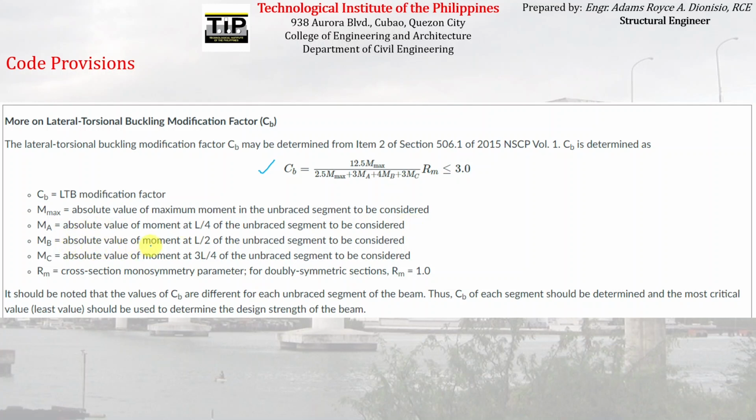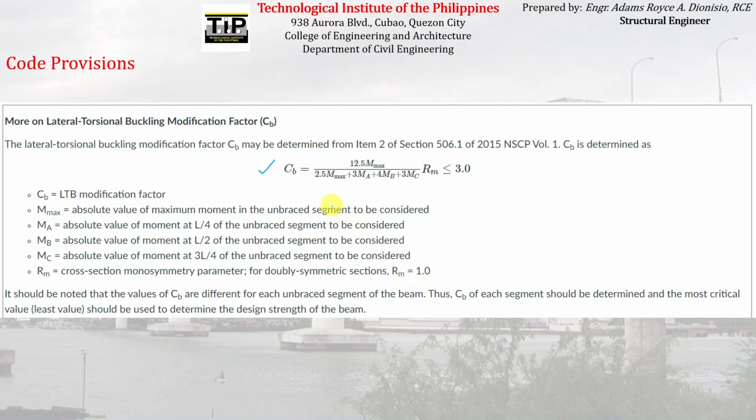MB is the absolute value of moment at L over 2 of the unbraced segment to be considered. MC is the absolute value of moment at 3L over 4 of the unbraced segment to be considered. And RM is the cross-section monosymmetry parameter, which is equal to 1 for doubly symmetric sections.